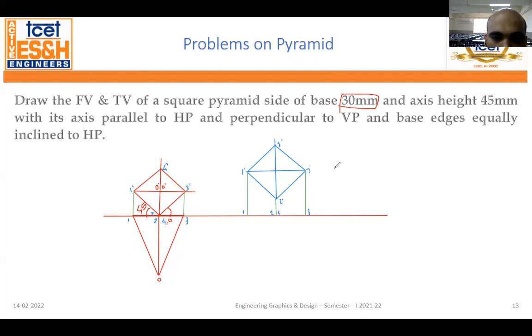I'm sorry. In this way, the particular distance is the axis height, which is your 45. Once you make it 45, you just connect these two lines, okay, connect these two lines. That will create the slant edges.